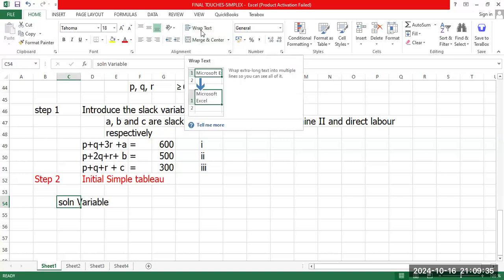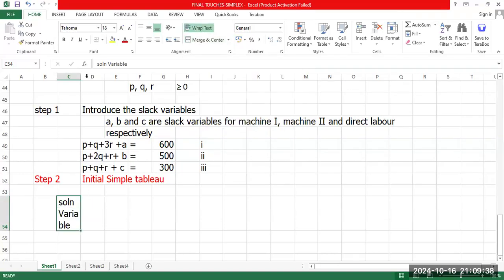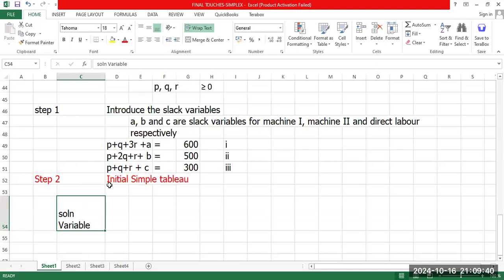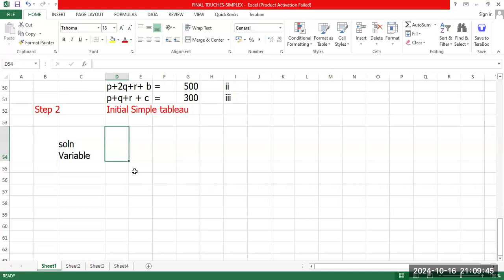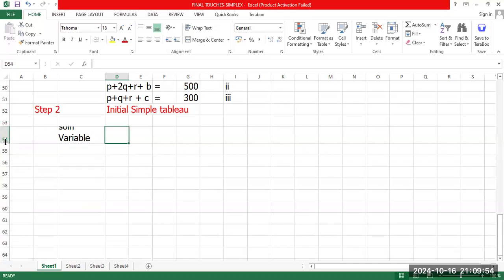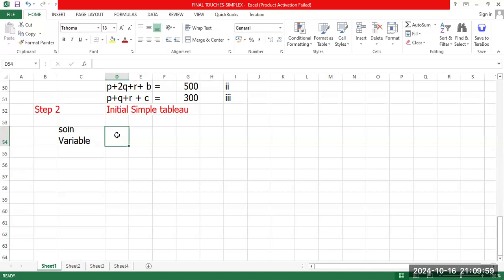Just hold on, let's do this together. Then here, the next column will be your product variables.